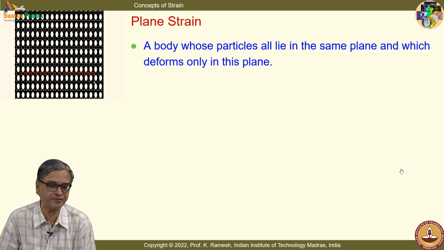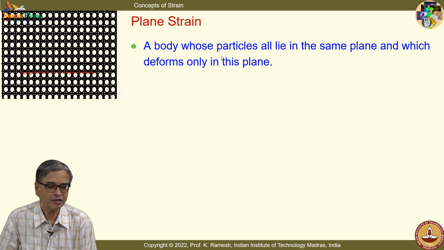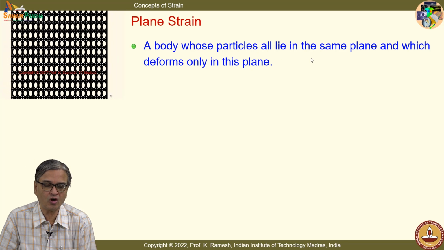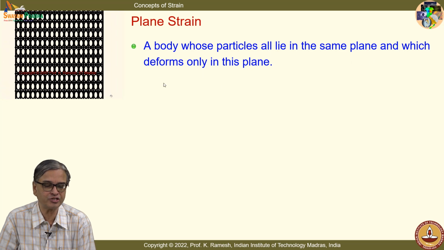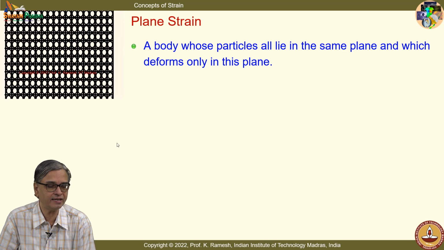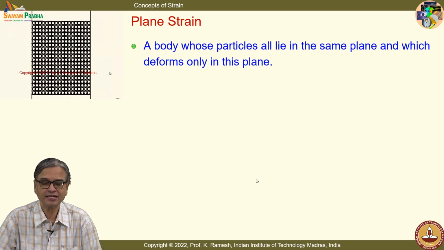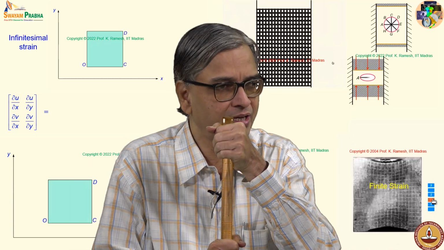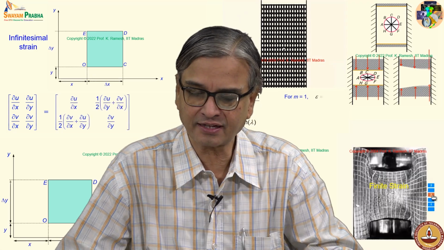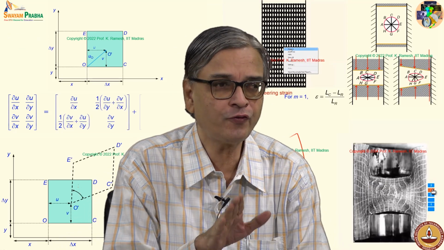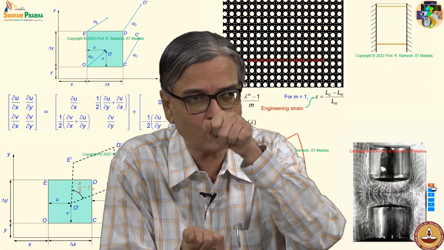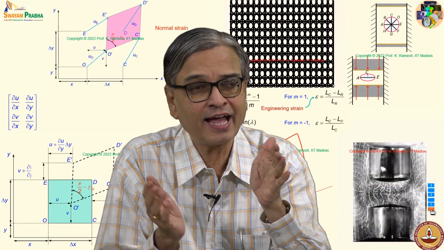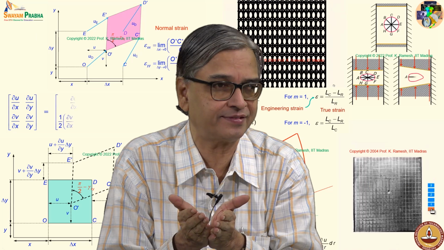A simplistic definition is given here: a body whose particles all lie in the same plane and which deforms only in this plane. And what you see here is actually a stretching of a member, where you have the circles drawn, and when I apply this load, I also have a lateral strain.